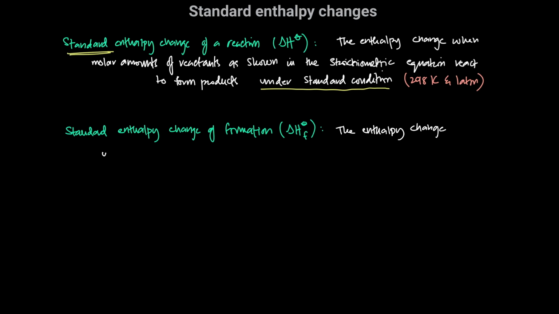1 mole of a substance in its standard state is formed from its constituent elements in their standard states under standard conditions. The standard state for a substance would be at room temperature and pressure, whatever state it's in, liquid, solid, gas.